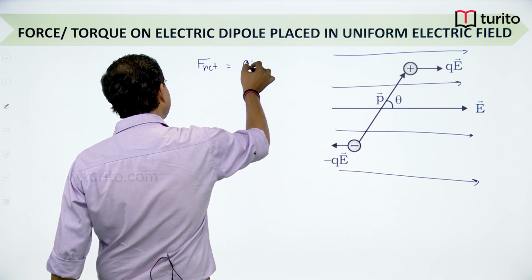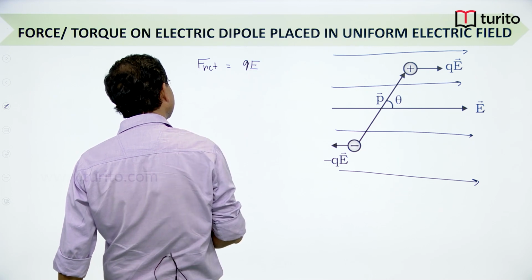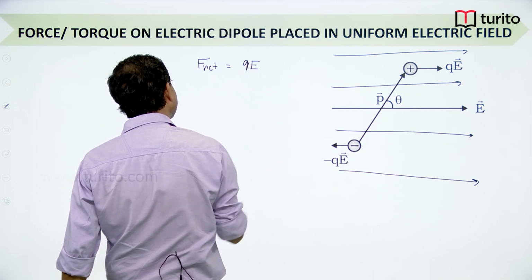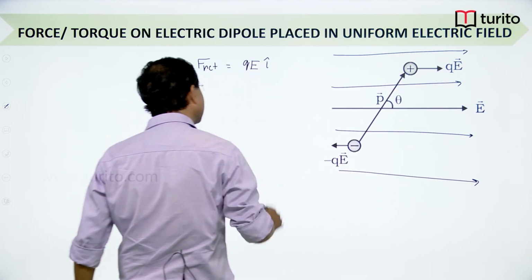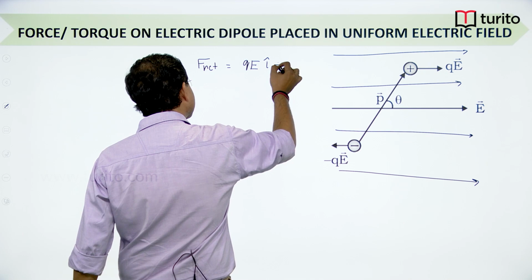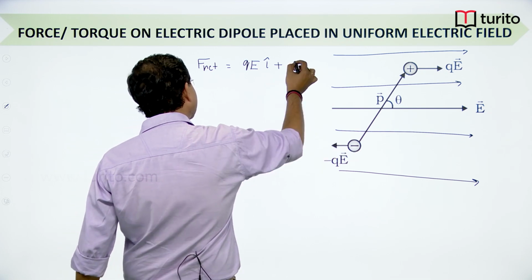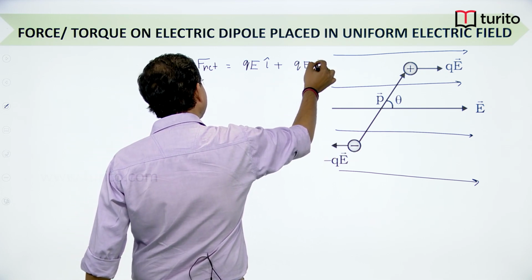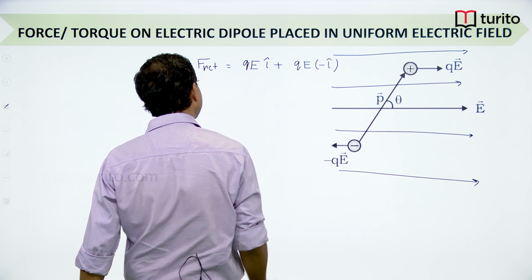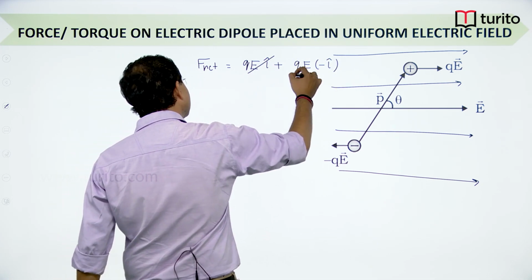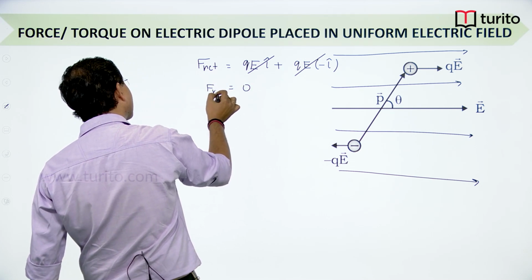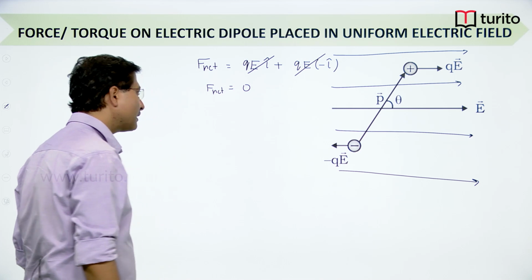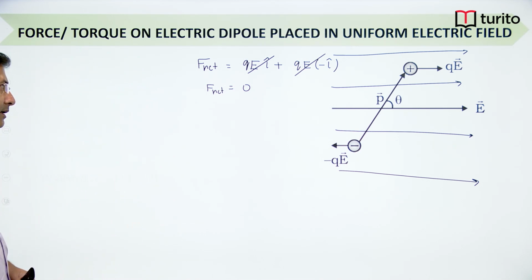So magnitude wise, I will write QE with vector, minus QE i cap for this one and plus QE i cap, because this is in the negative x direction. These two will cancel each other and you get the net force experienced by the dipole as 0. So no matter how you place the dipole in the field, the net force it experiences is 0.